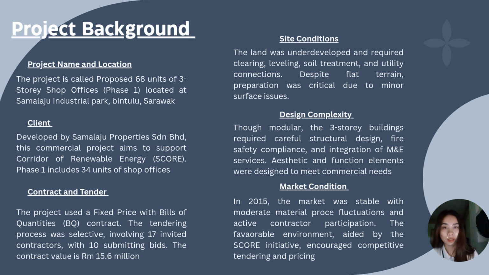For the site condition, the site was undeveloped and required clearing, leveling, soil treatment, and utility connection. Despite the terrain being generally flat, proper drainage and soil compaction were necessary. Next is the design complexity.